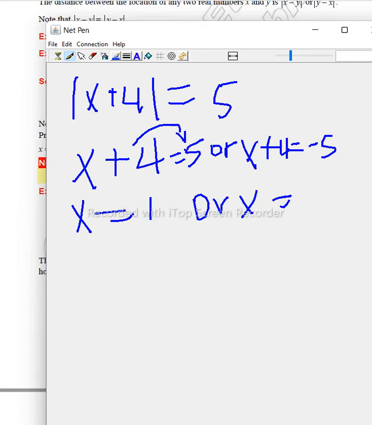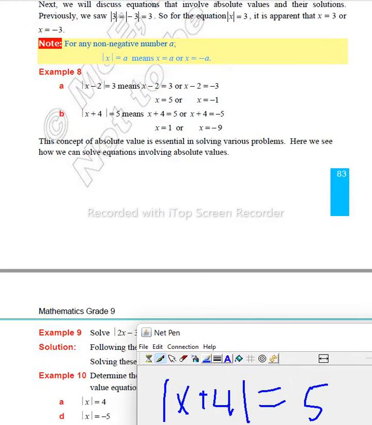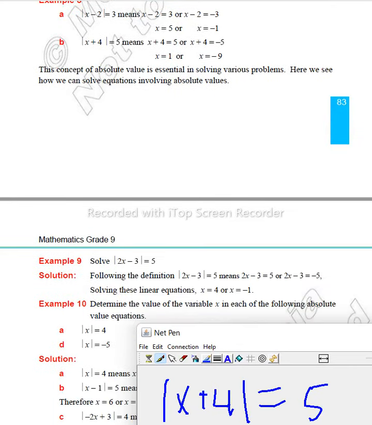Here it is positive, and when moved to the right of the equation it becomes minus. So minus 5 minus 4 is equal to minus 9. Our answer will be minus 9 or 1. So we can do such types of equations like this. Here the same answer exists in the first equation, x is equal to 5 and x is equal to minus 1. You can see it in your textbook.